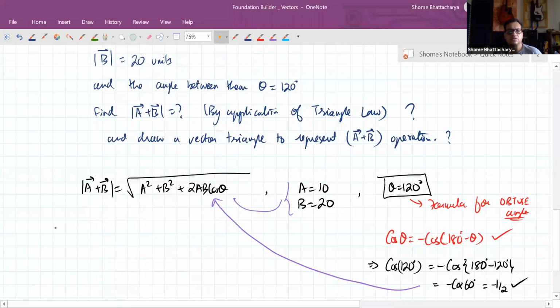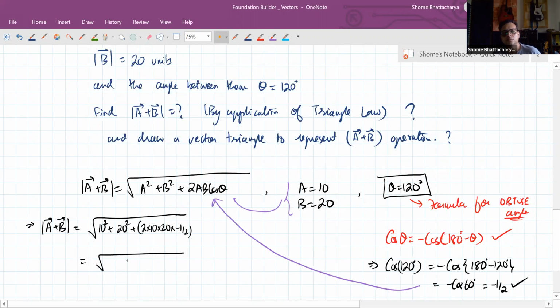So next step we will get magnitude of A plus B is root of 10 square plus 20 square plus 2AB into cos theta, which is now minus half. So you can see that this will become 100 plus 400 minus 200. So it will become square root of 300 or 10 root 3 units. This will become our answer here.